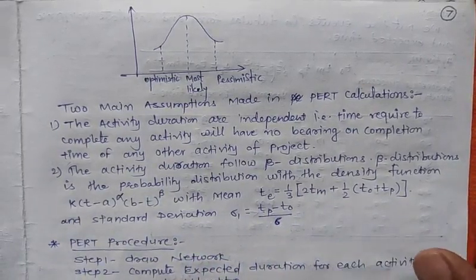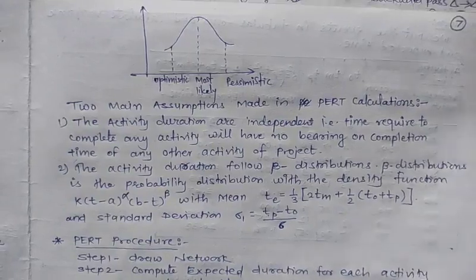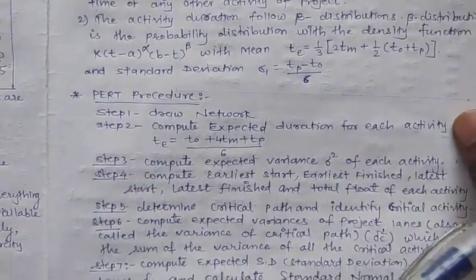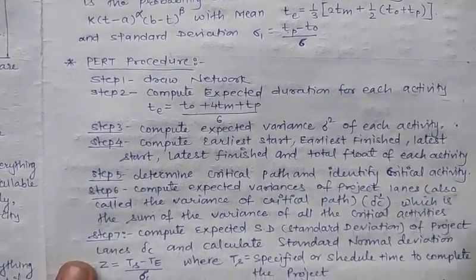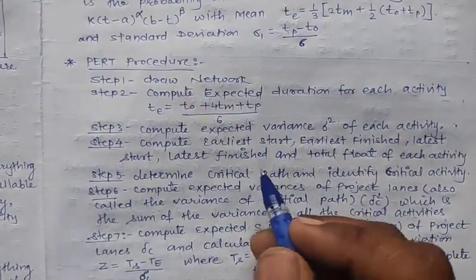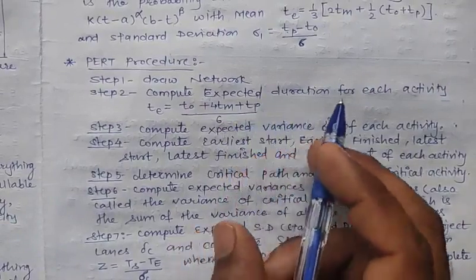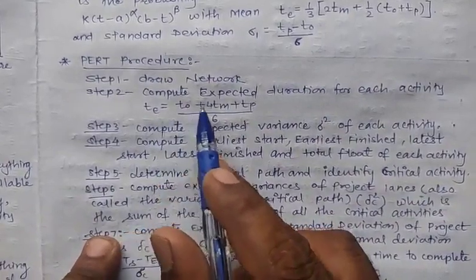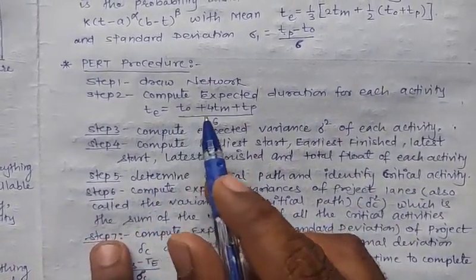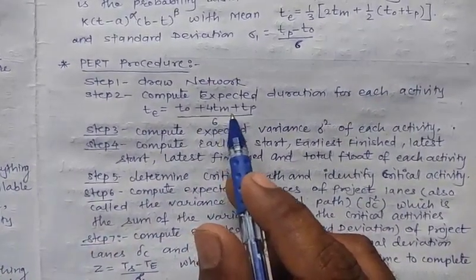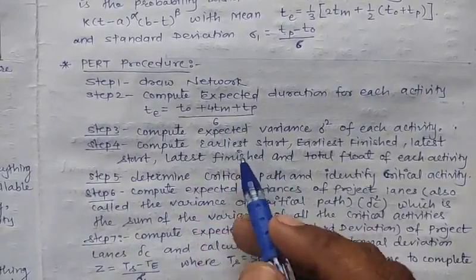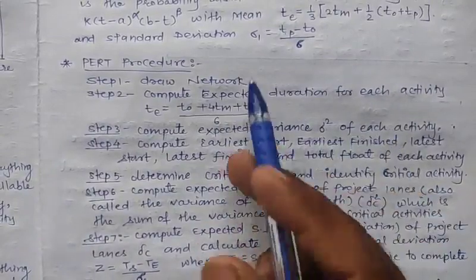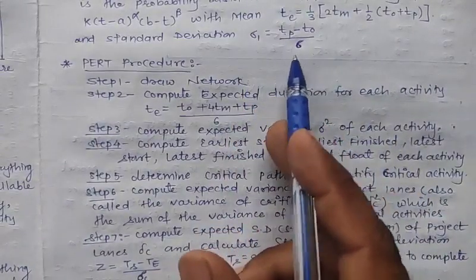Now let's see how to solve examples from PERT. The PERT procedure is as follows. Step 1 is to draw a network. The second is to compute the expected duration for each activity, so calculate T for each activity, where T has the formula (T naught plus 4 times Tm plus Tp) upon 6. Next, the third step is to compute the expected variance sigma square for each activity, where sigma is (Tp minus T naught) upon 6.